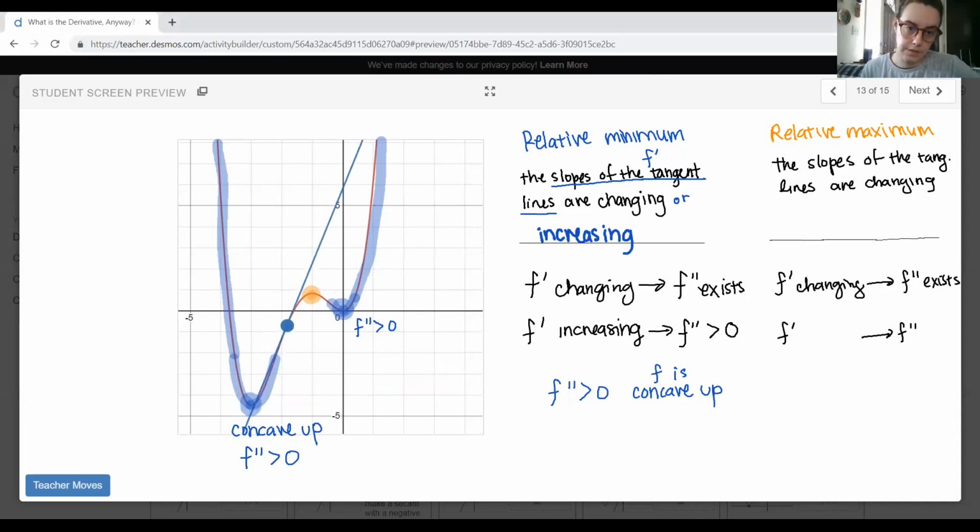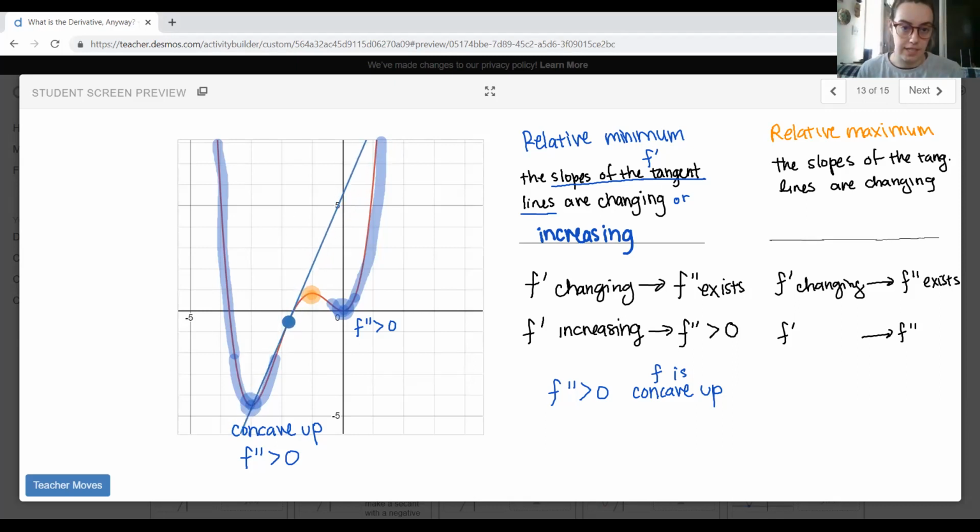I'm going to move this around here. I can see that my slope of the tangent line is positive, but it looks like it's becoming less positive as it gets closer and closer to 0. And then all of a sudden, the slopes become negative and they get steeper along this shape, right? Along this upside down U that makes it look like the top of the hill.